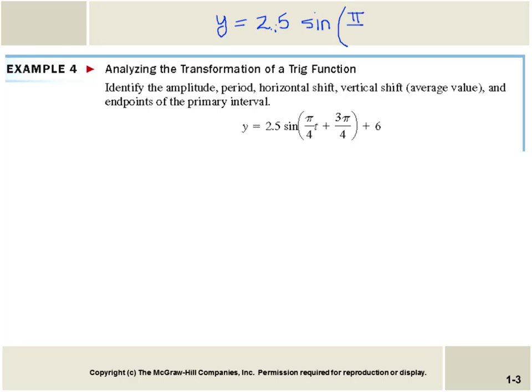I'm going to factor out the pi over 4, and I end up with t plus 3, plus 6. Okay, does everybody see that?